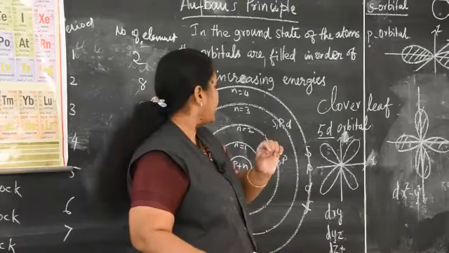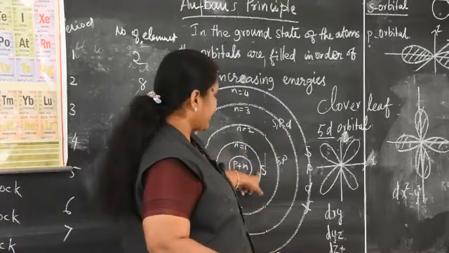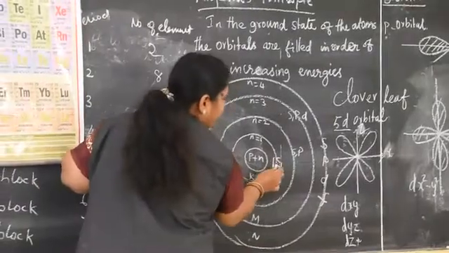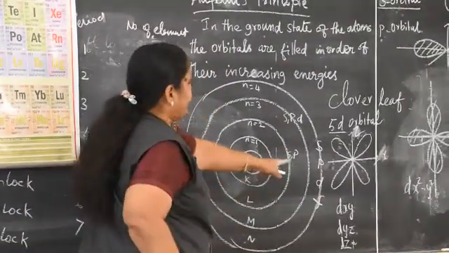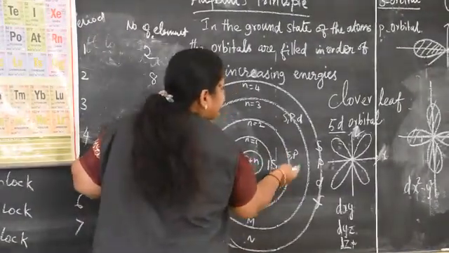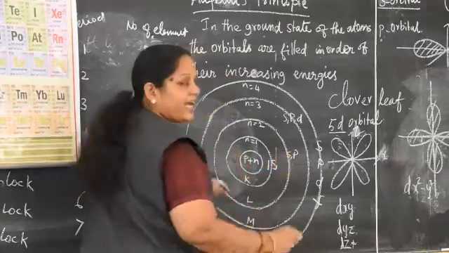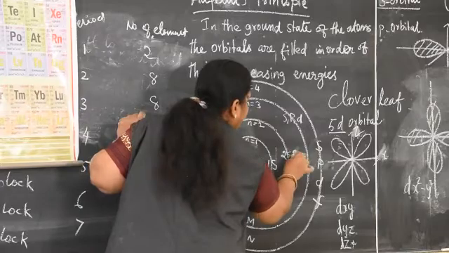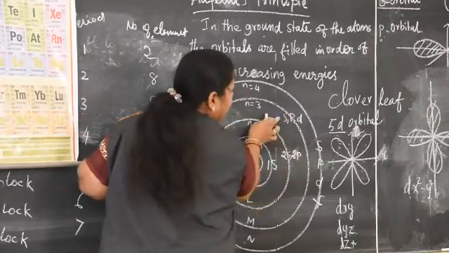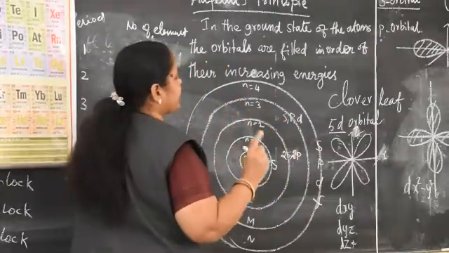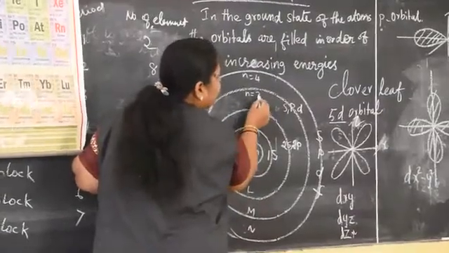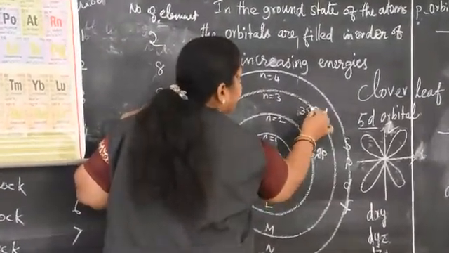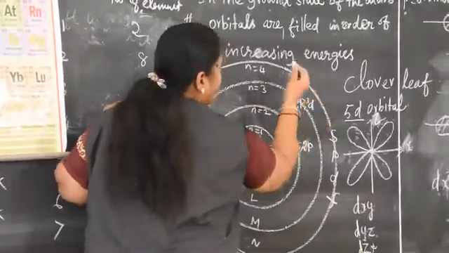The lowest level is s, the first one, so it is referred to as 1s. Then the second shell has two orbitals, represented as 2s and 2p. In the third energy level there are three subshells, referred to as 3s, 3p, 3d.